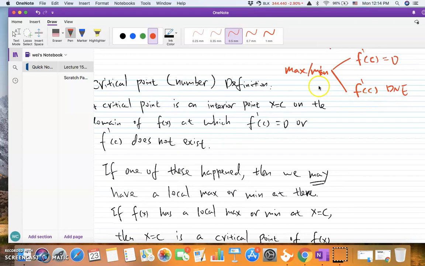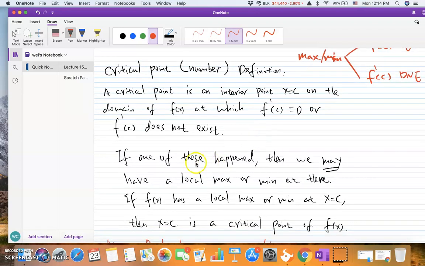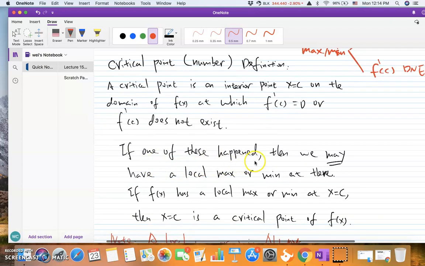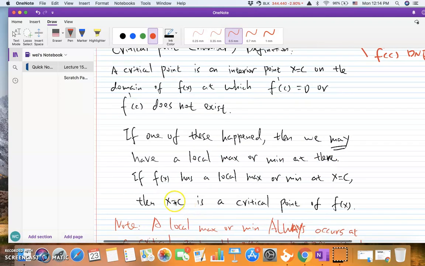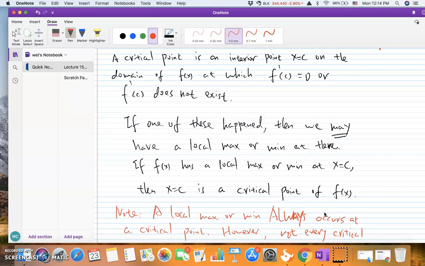Now, because we know that at a maximum or minimum the derivative is either zero or does not exist, that means if one of these happens, then we may have a local maximum or minimum there. And if a function has a local maximum or minimum at the point x equals c, then x equals c is a critical point of the function f(x).